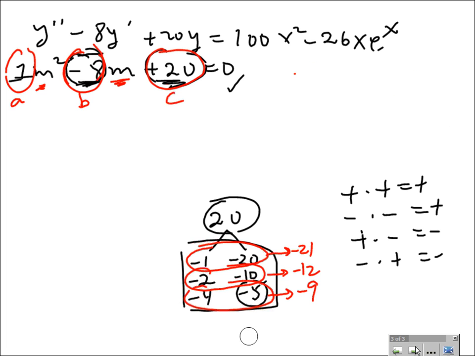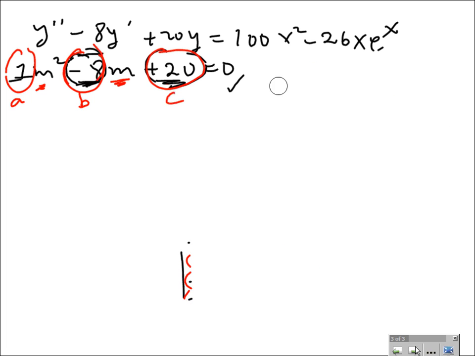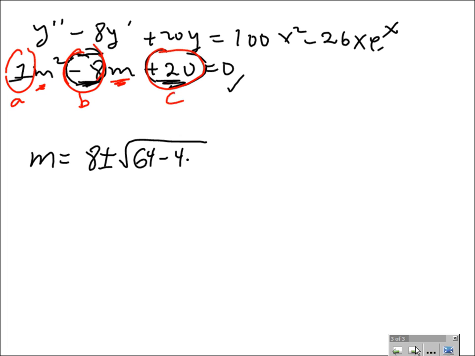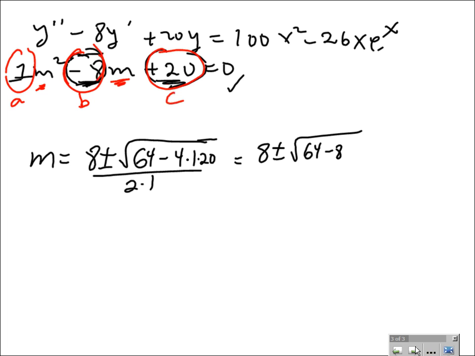Okay, so let us use the quadratic formula to find our homogeneous solution. m is negative B, which is plus 8, plus or minus the square root of B squared minus 4 times A times C, over 2 times 1. So we get 8 plus or minus the square root of 64 minus 80, over 2. 64 minus 80 is negative 16.